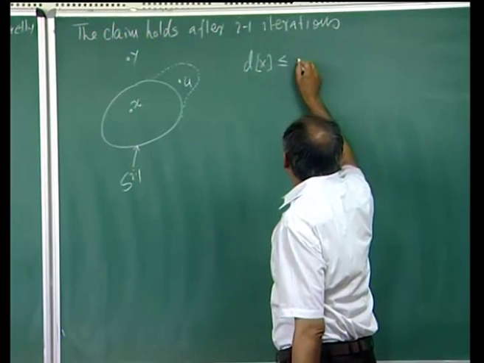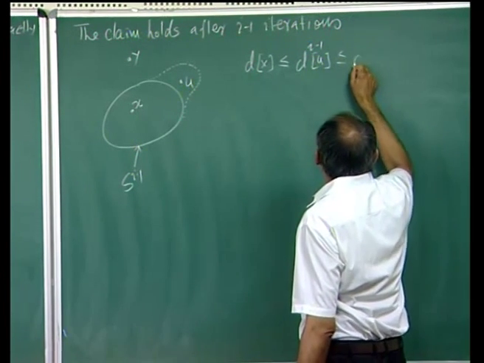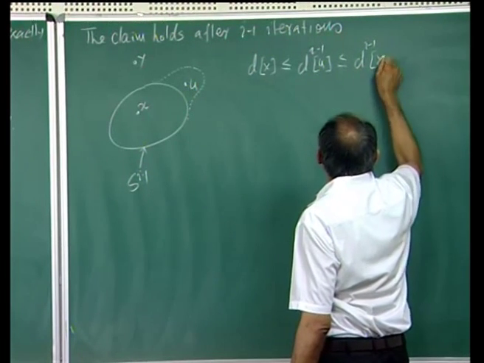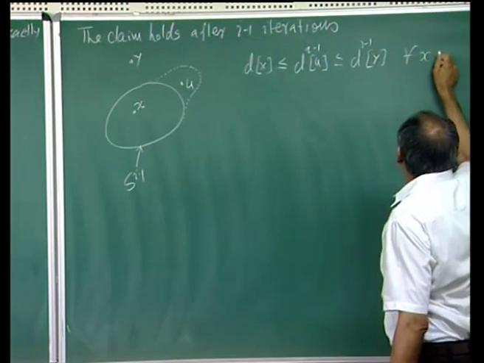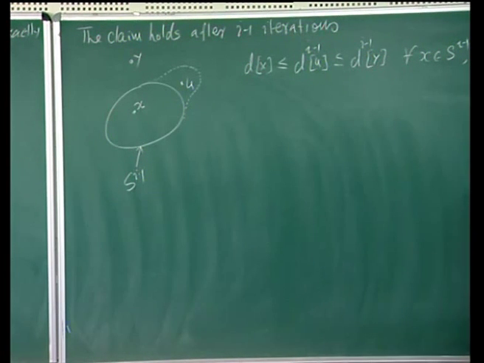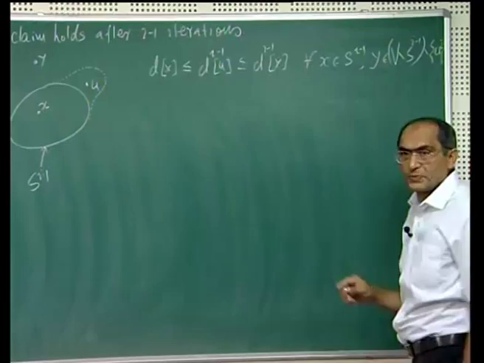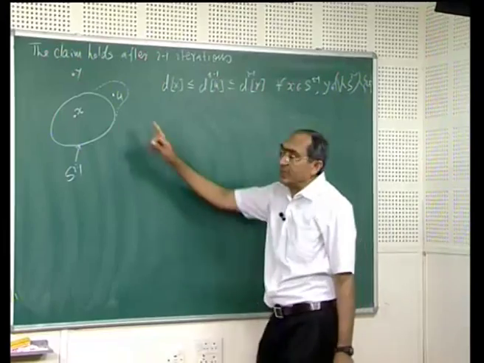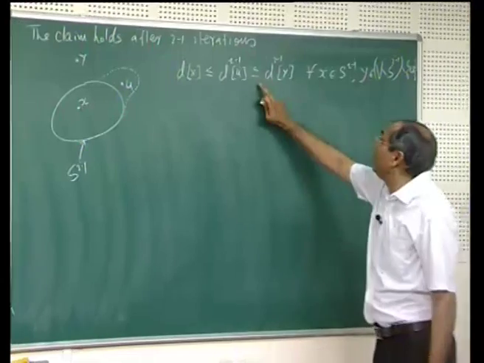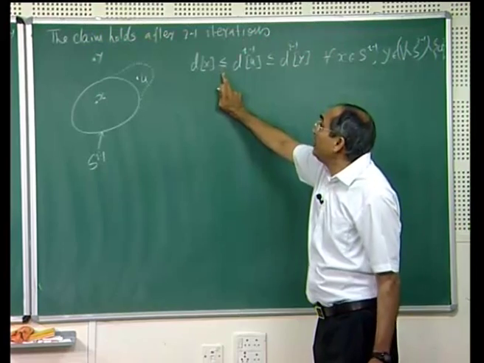So, this is less than or equal to d_{i-1}(u), which has to be less than or equal to d_{i-1}(y) for all x in S_{i-1} and y in V minus S_{i-1} minus u, everything outside S_{i-1} and u. Okay. This inequality is because of the choice of u, and this inequality is due to the induction hypothesis.